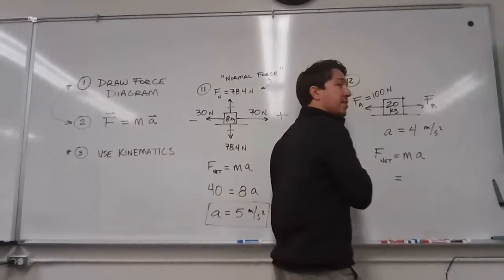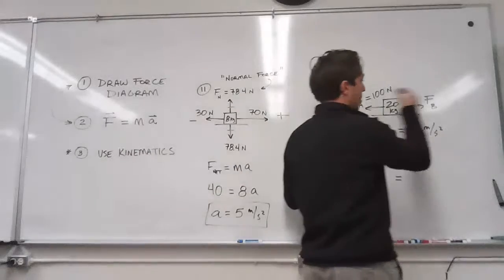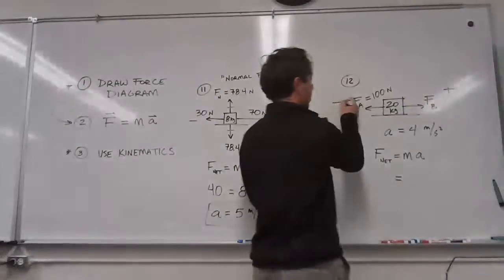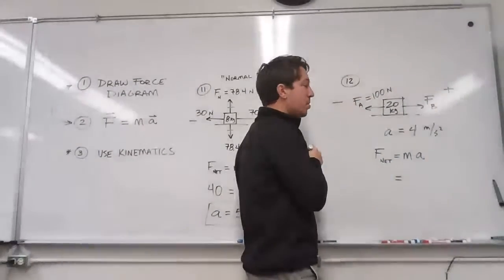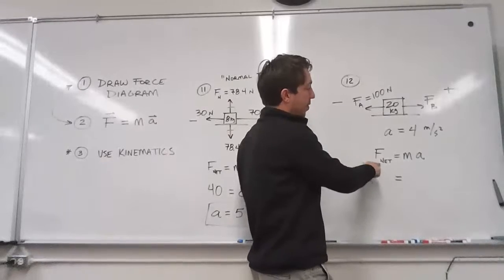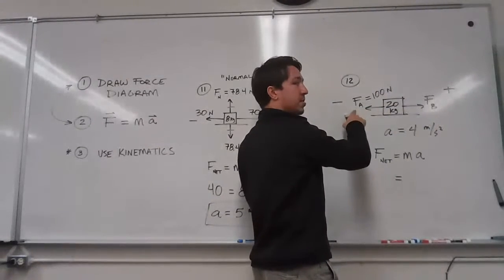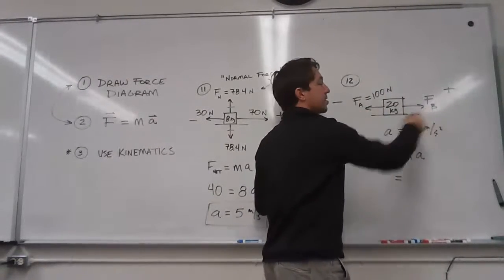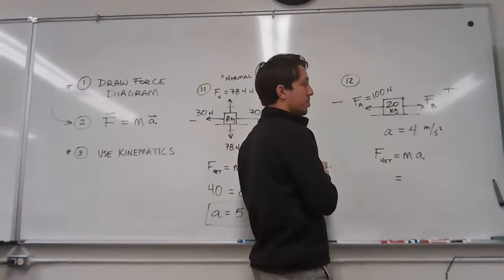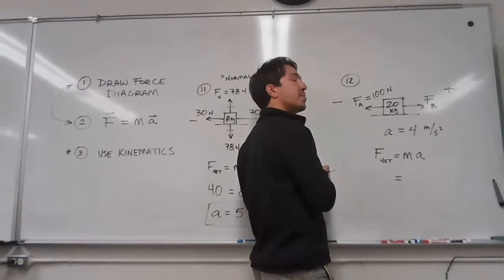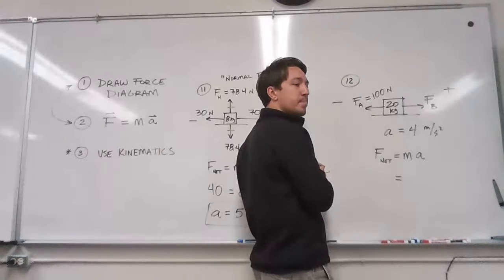So which direction is the positive direction then? Let's call this the positive direction and this the negative direction. Okay? So would the net force be this minus this, or this minus this? Is it B minus A or A minus B? It's B minus A.